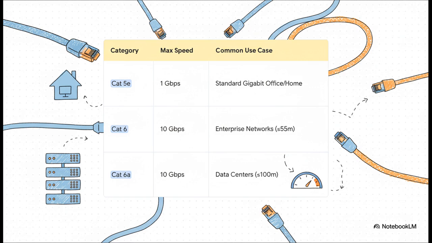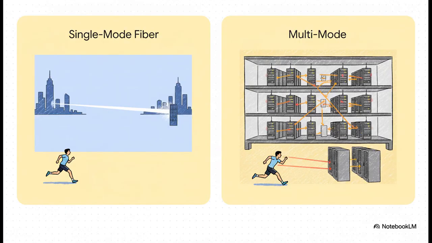That's great for streaming, gaming, all that stuff. But a huge data center, they need the superhighway of Cat6a to handle a massive 10 gigabits of traffic without breaking a sweat. But for the absolute fastest highway, the Autobahn of the internet, we use fiber optics, which sends data as literal pulses of light.